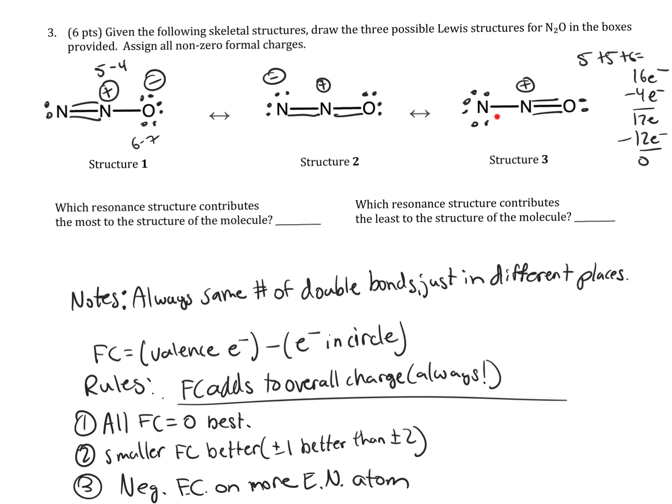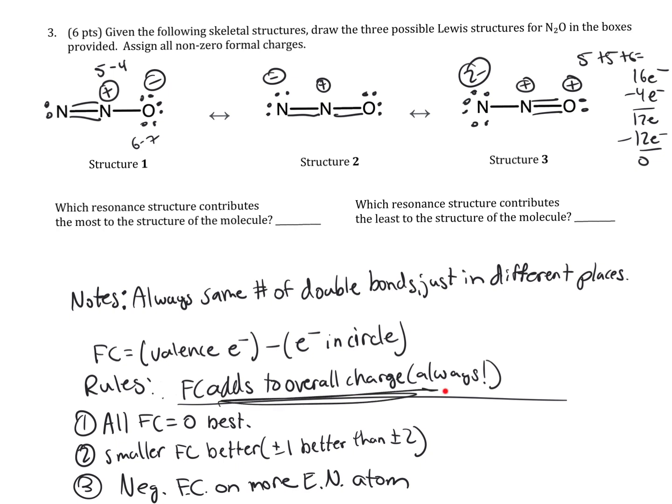This one over here brought 5, but when I draw the circle, has 7 electrons in it, 6 lone pair electrons plus the bond. So this is a 2 minus formal charge. This one over here brought 6, has 5 electrons in the circle, so another plus there.